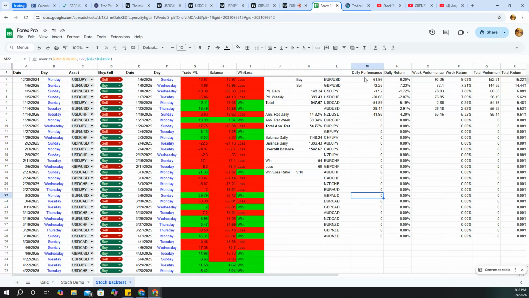And if we look at these pair results, we see that on the daily experiment, the GBP USD made the best return at 7%, then the Euro USD. Both the GPY and the CHF were a loss.